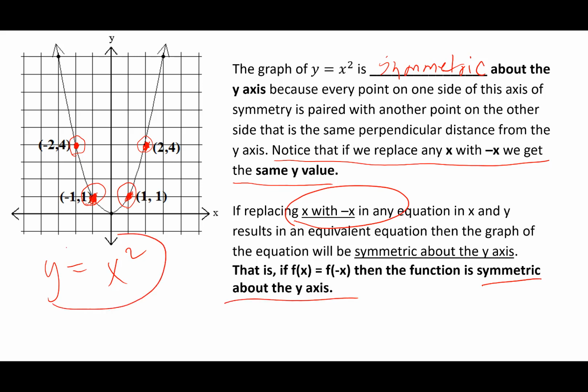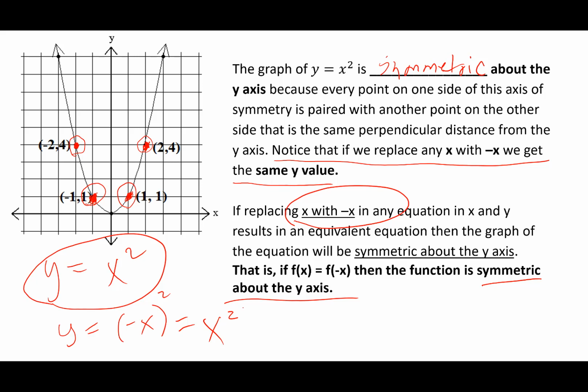So if I were to replace the x in this function with negative x, and do to it exactly what I was doing to x, which is square it, notice the function doesn't change. Negative x squared is the same thing as x squared. So the function didn't change.